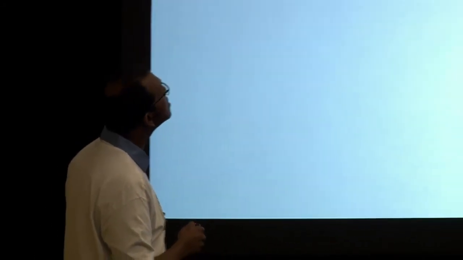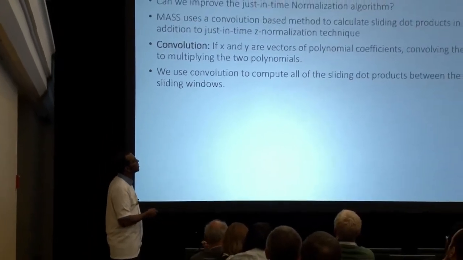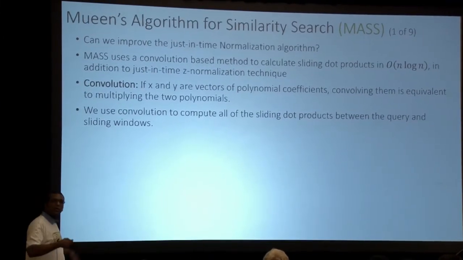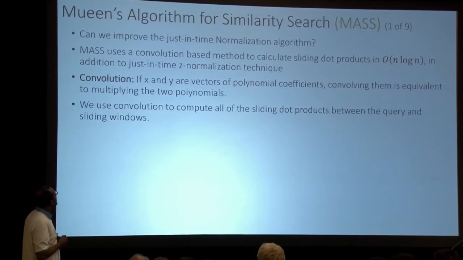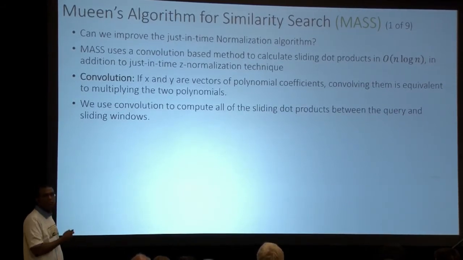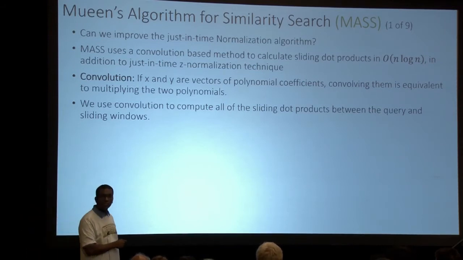So what we do in MASS, we use a convolution based method to calculate sliding dot products in O(n log n) time. And we also use our just-in-time normalization technique. If you don't know what convolution is, in a simpler way, suppose x and y are vectors of polynomial coefficients.